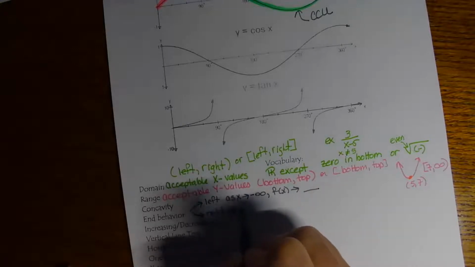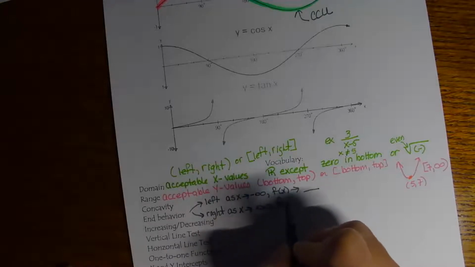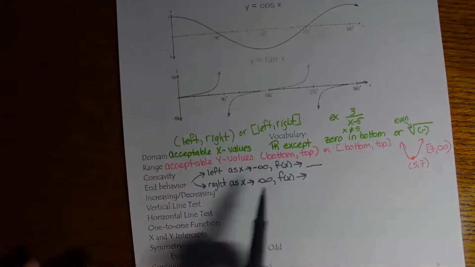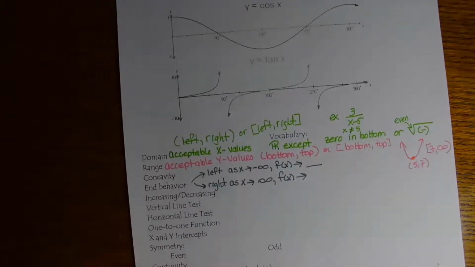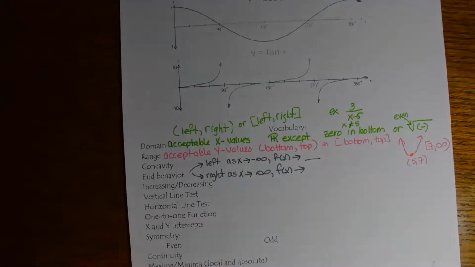Now, once in a while, and we'll look at it on your curve on the other side, this may not be infinity. If we've got a curve like a square root that starts at 0, we may be approaching 0. But for most of your polynomial functions and curves, we're going to both sides.